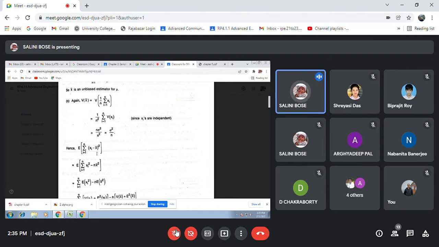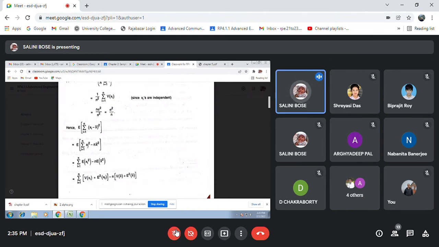This expands to summation of xi square minus n x bar square. It is not a minus b whole square; that is not right. For more information, you can find it on any YouTube channel, and you will get how it comes.